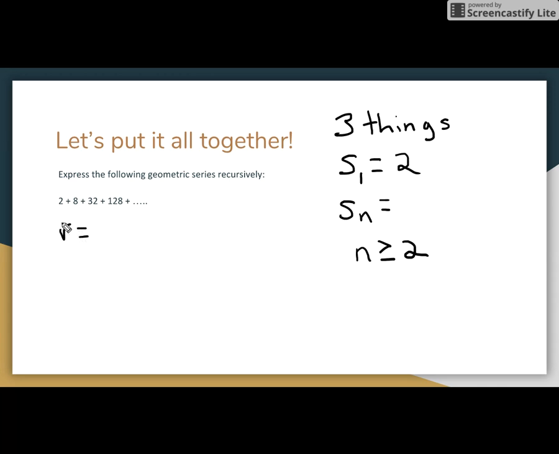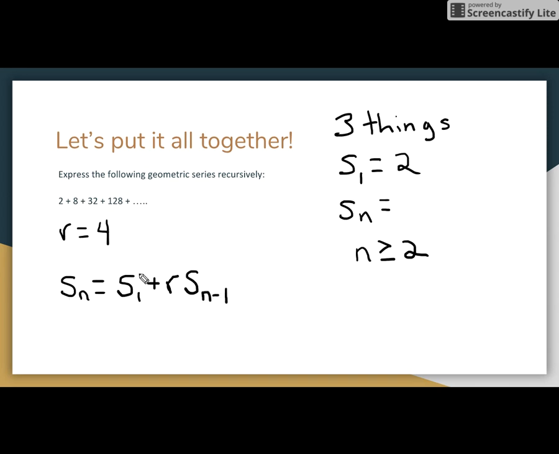As we look at this series, we go from 2 to 8 to 32 to 128. If you can't see it right away, that's okay, but the ratio here is just 4. So 2 times 4 is 8, 8 times 4 is 32, times 4 is 128. So the ratio here is 4. To define a series recursively, we use this form: S sub n equals S sub 1 plus r times S sub n minus 1.